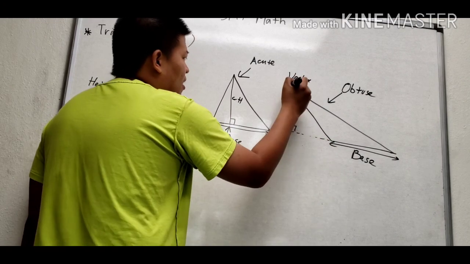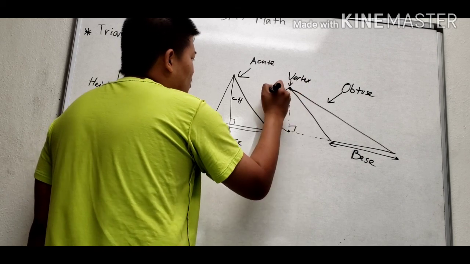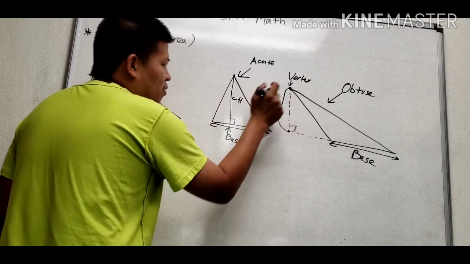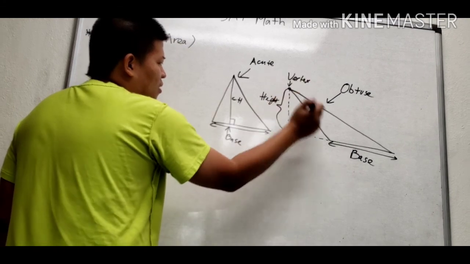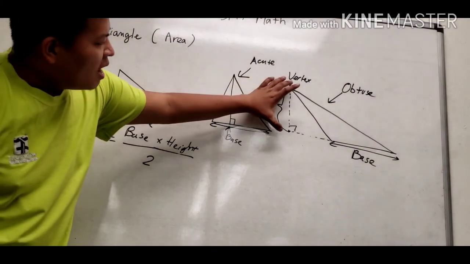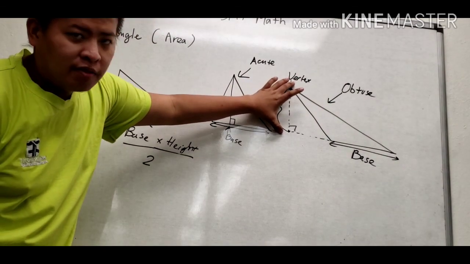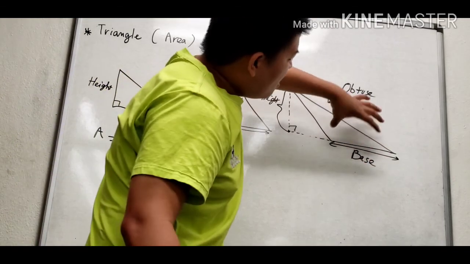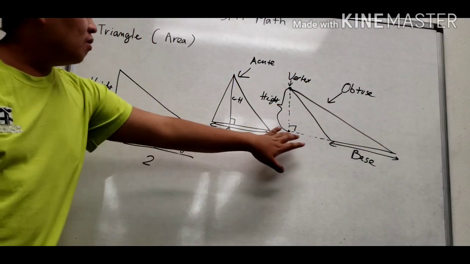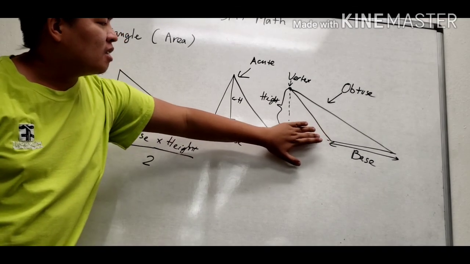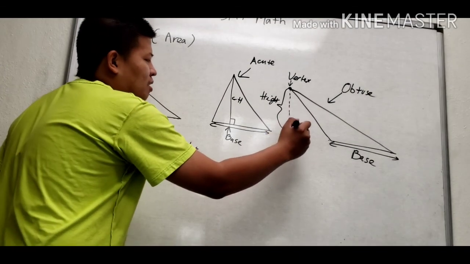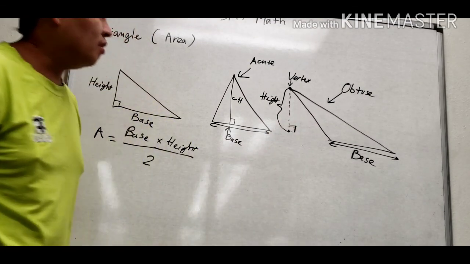They call this the height. So you use the height from here, multiply with the base, divide by 2. The height should be in this area only, and the base only this side, from here to here. So you don't need to count this space over there. You eliminate that. That's why I just drew it for you to illustrate.